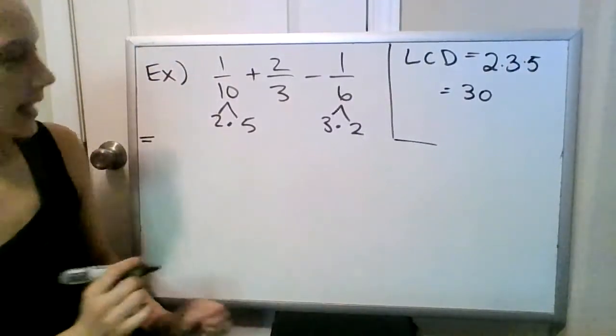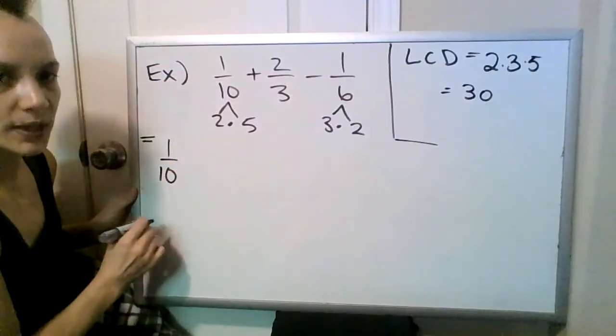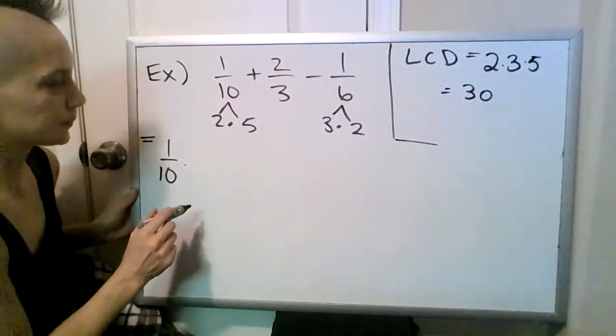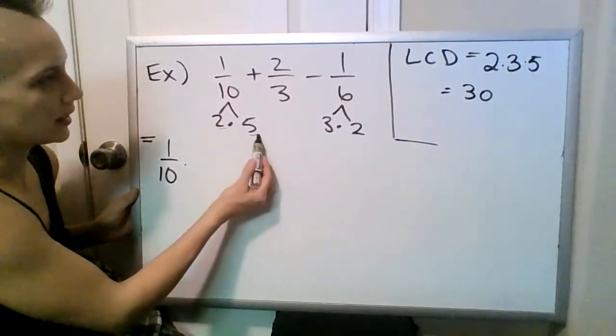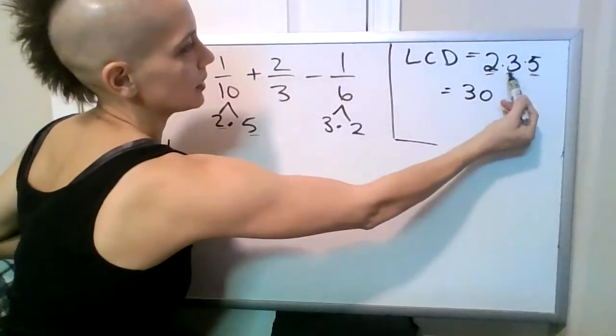Okay. Then we'll take each term, multiply the numerator and denominator by the missing LCD factors. Got 2 and 5, so you're missing 3.